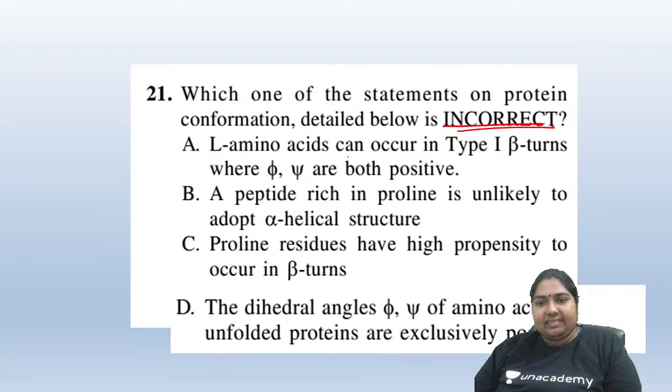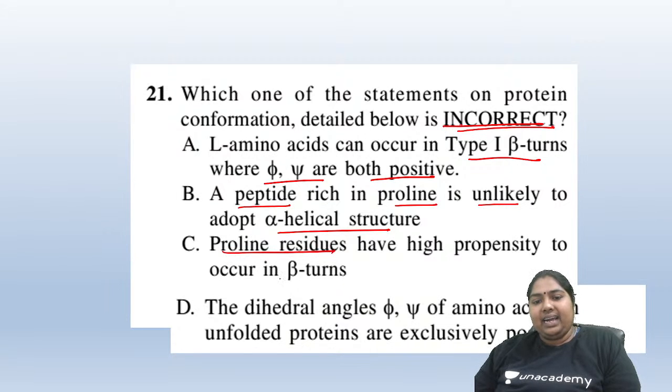L amino acids can occur in type 1 turns where these two are positive. A peptide rich in proline is unlikely to adopt an alpha helical structure. Proline occurs in beta turns. The phi and psi angles of an unfolded protein are exclusively positive, which is incorrect.